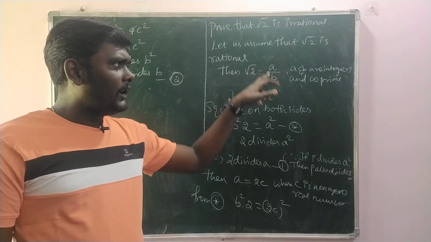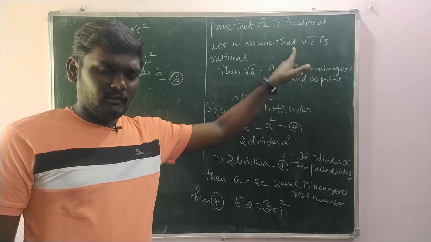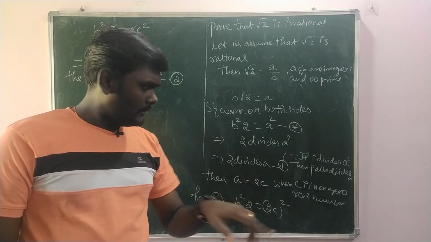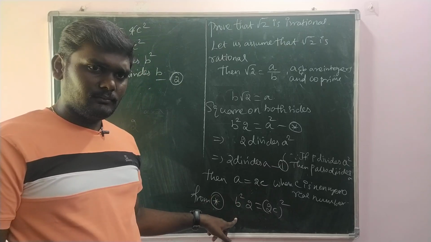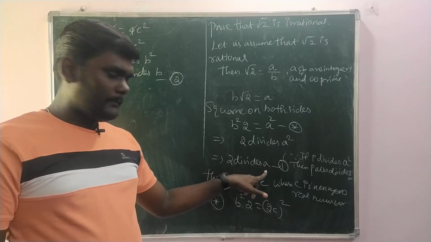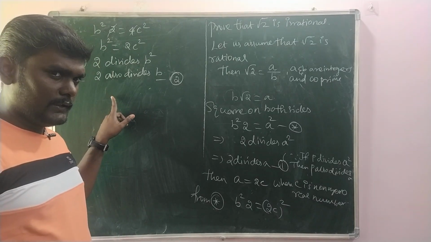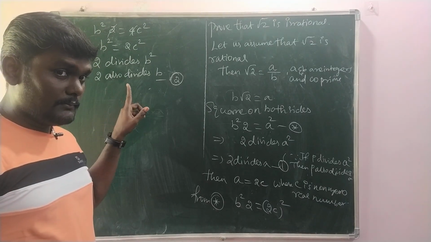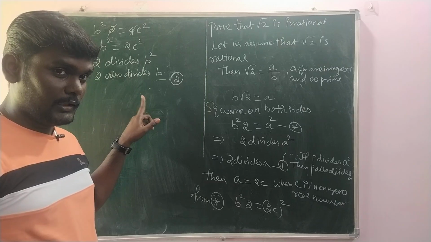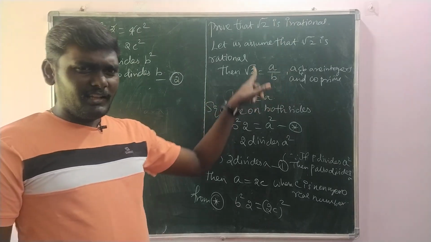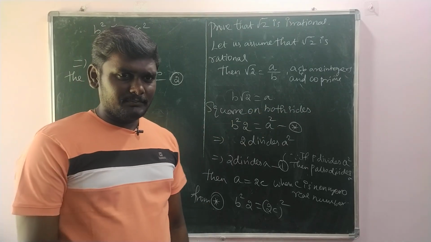Okay. A and B are co-prime, we said. Which means they have 1 as their common factor, no other numbers. But look at what happened. 2 divides A. 2 is a factor for A. The same 2 is a factor for B also. Okay. Isn't it breaking the fact that A and B are co-prime?